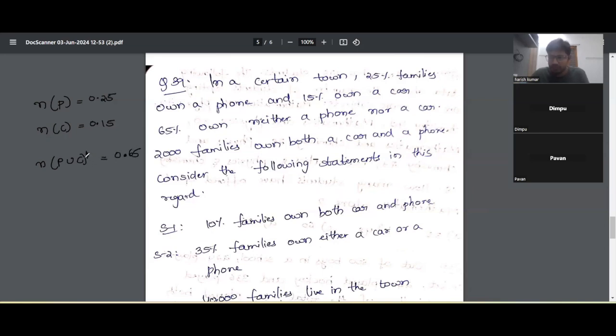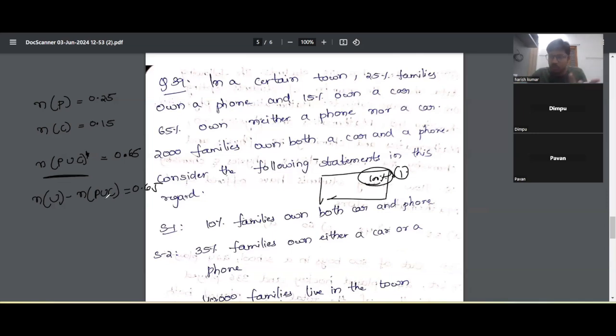Yes or no? Yes, sir. Now what is this? The total universal set is 100%, that means it is 1. So n of u minus n of p union c is 0.65, because if I remove p union c from the universal set, I get the complement of p union c.